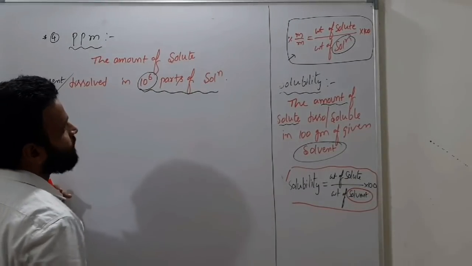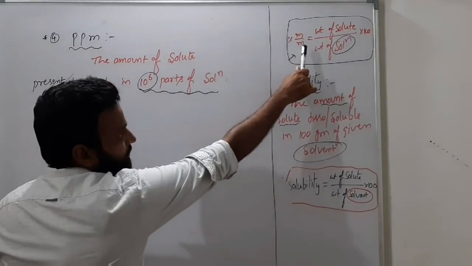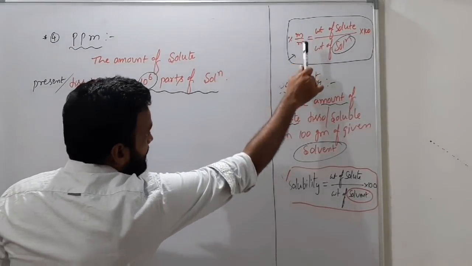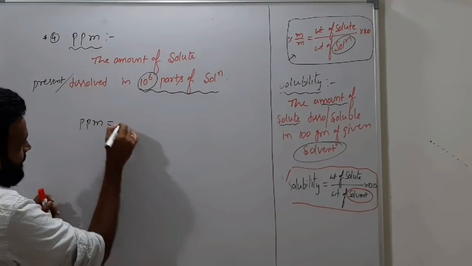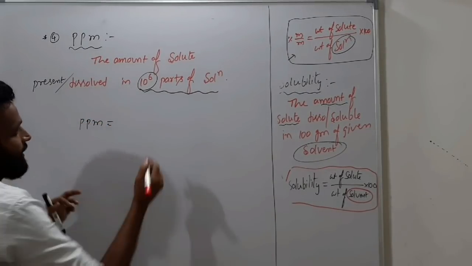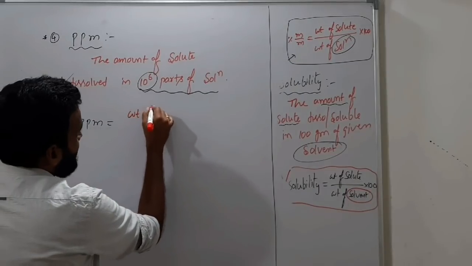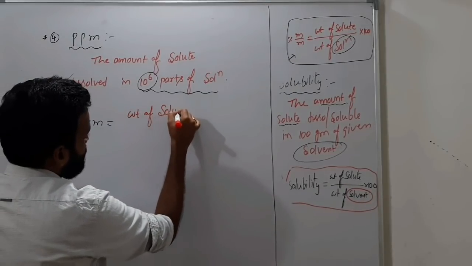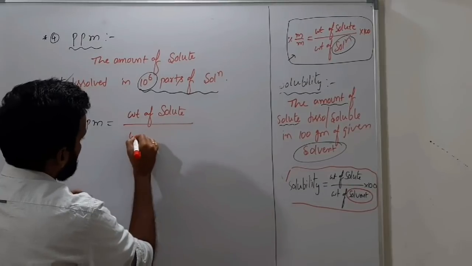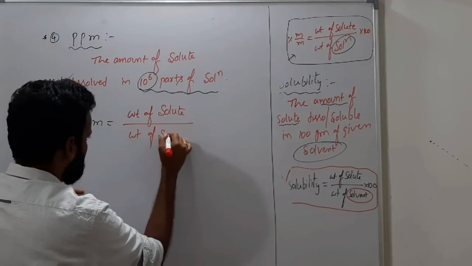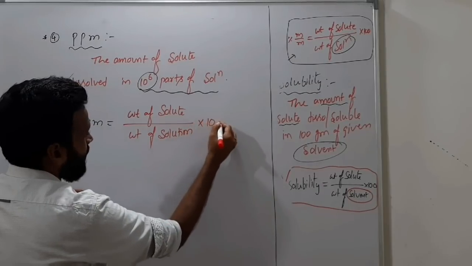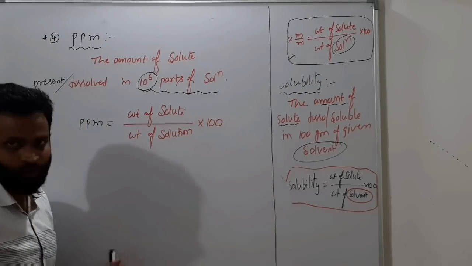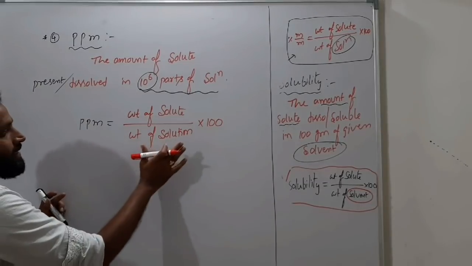So what is the difference between percentage m by m and ppm? Now I am writing what ppm is. It is weight of solute by weight of solution into 100. No. If I write like this, it is not ppm, it is percentage weight by weight.